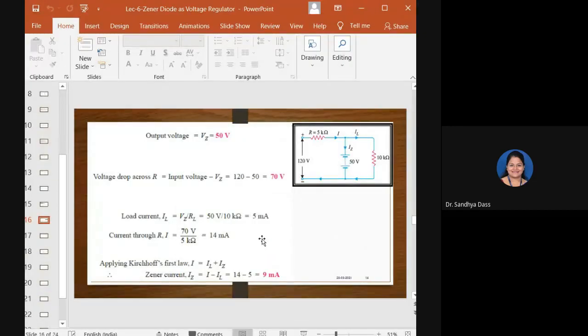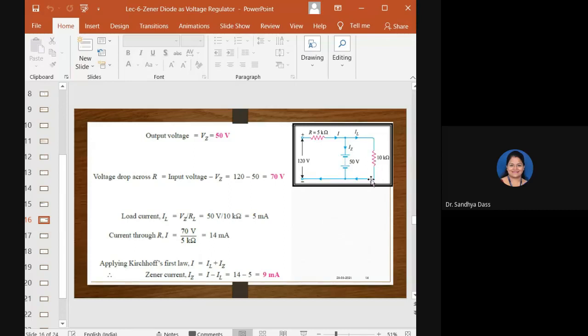Observe here, the output voltage is nothing but the Zener voltage, which is specified in the question. It is 50 volts. When you measure the output voltage across the RL, it is the same as the voltage across the Zener diode, because the RL is connected in parallel with the Zener diode.